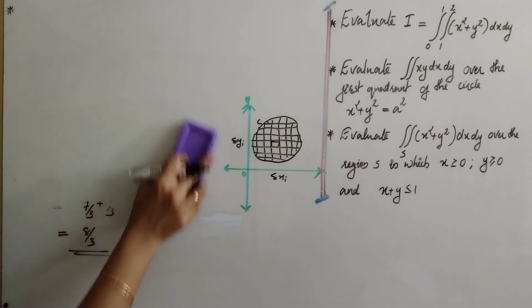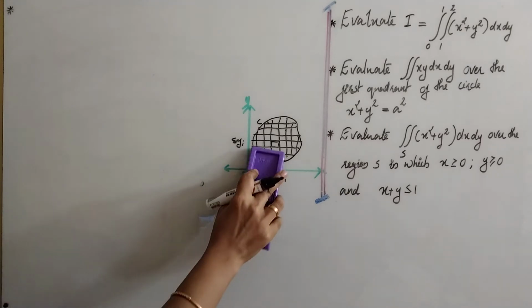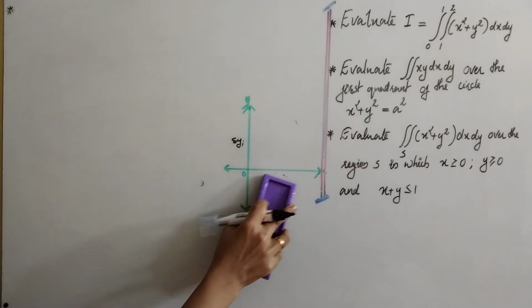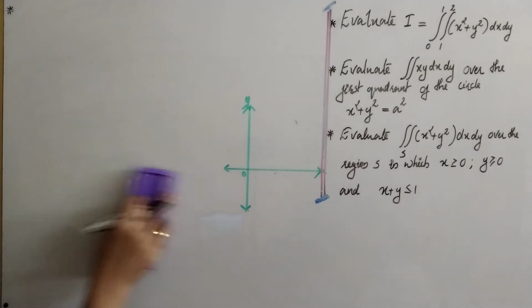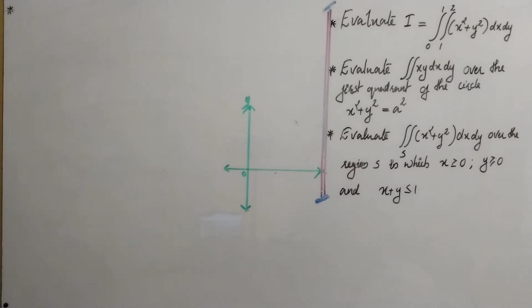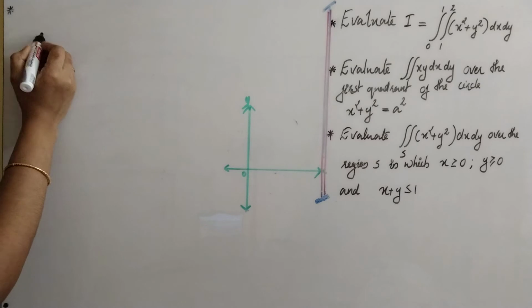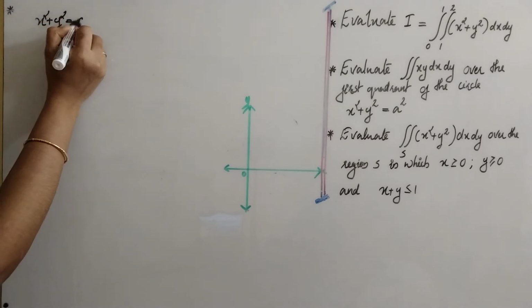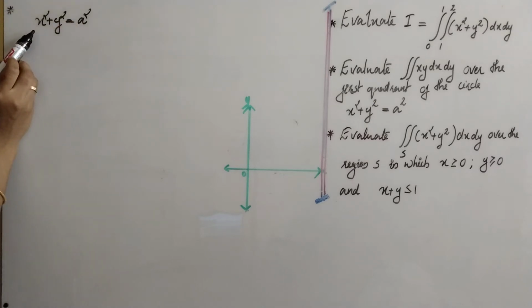Now consider the second problem. Evaluate double integral xy dx dy over the first quadrant of the circle x square plus y square is equal to a square, and this is the equation of a circle with center at origin and radius a.